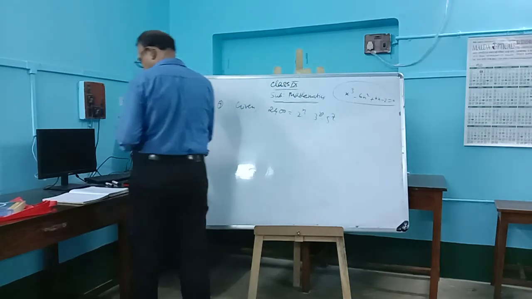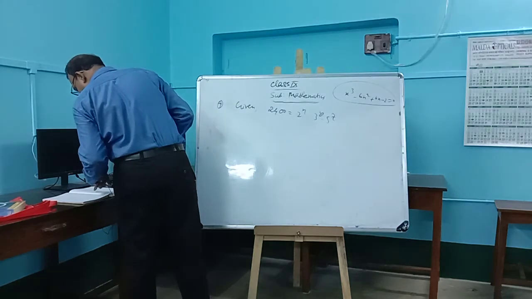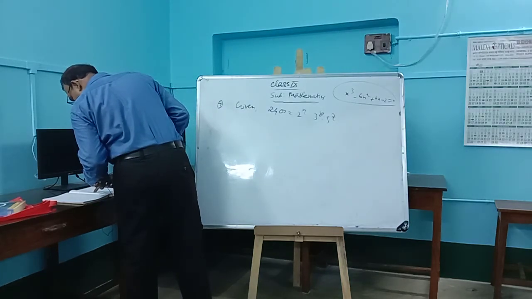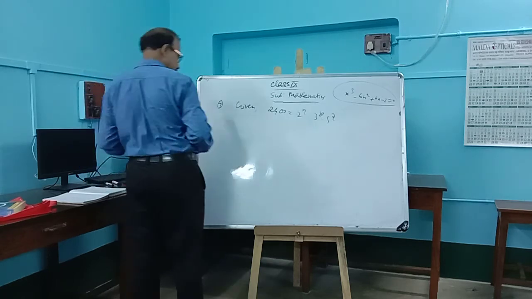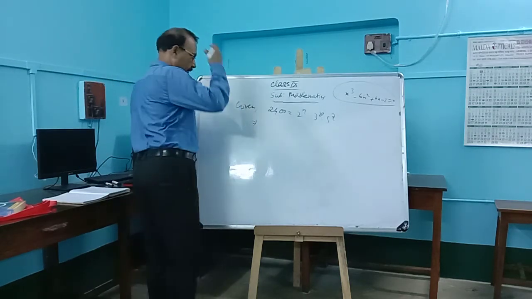We are going to find the values of x, y, z as well as 2 to the power minus x, 3 to the power y, 5 to the power z. How to find this one?